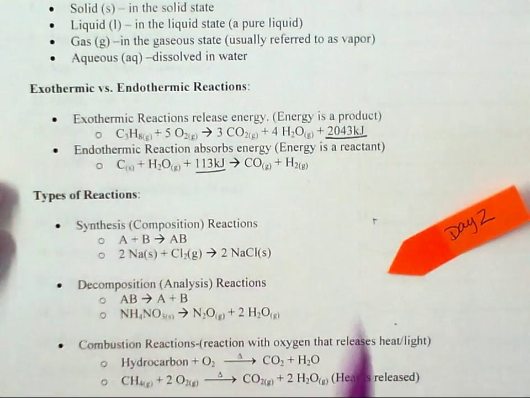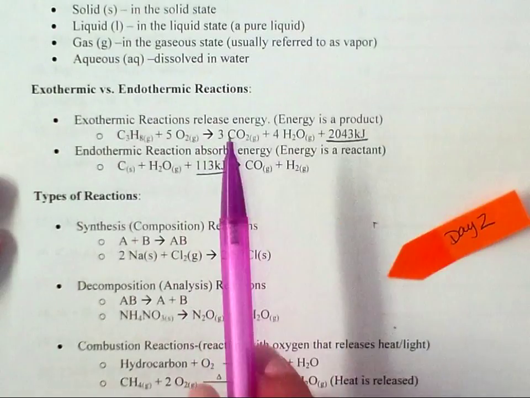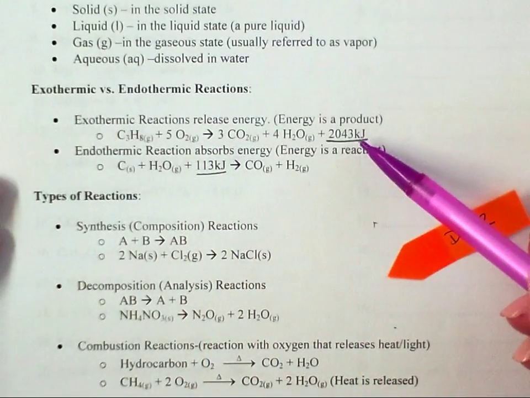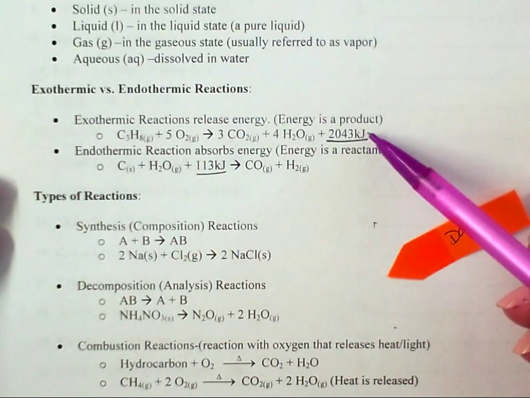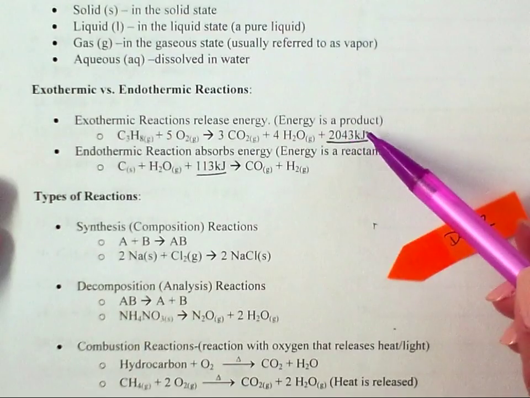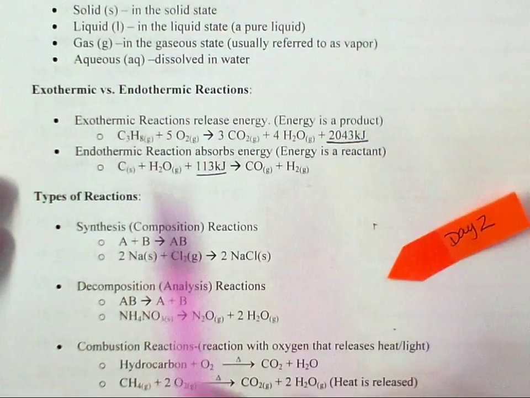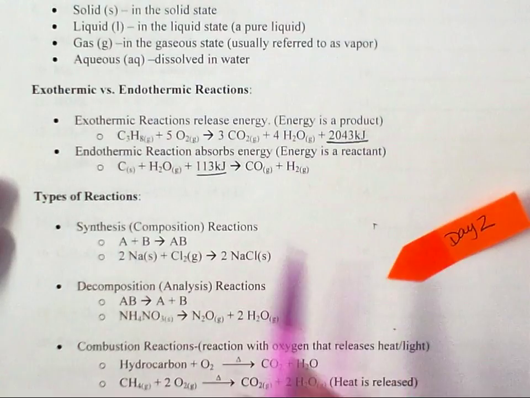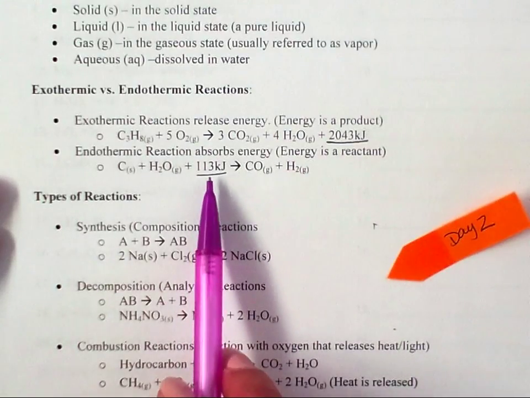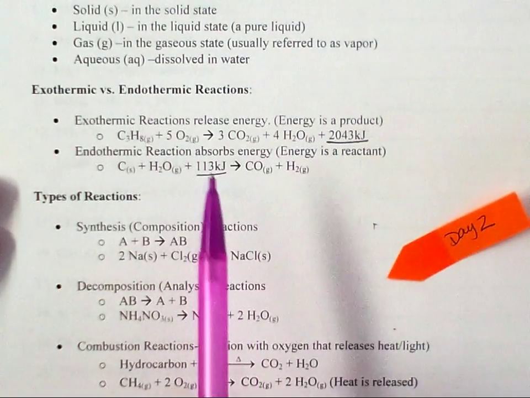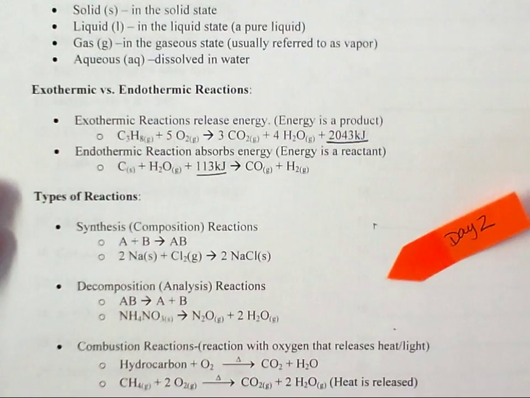So on top here for exothermic, as you can see, the energy is written on the right side of the equation where the products are. If you see it on the right side, it's automatically an exothermic reaction where the energy has been released. If it's on the reactant side, on the left side, then that means that it's endothermic and this energy has been absorbed.